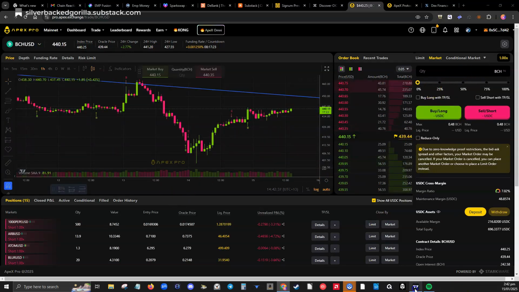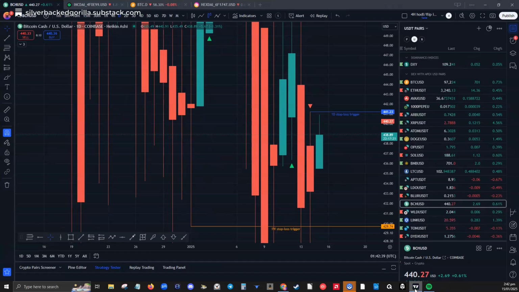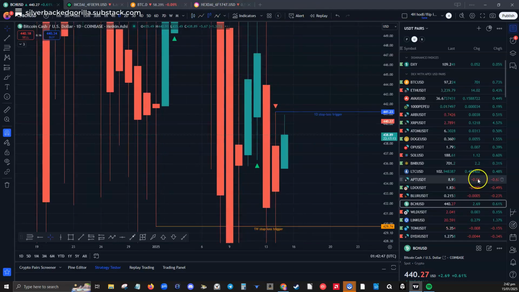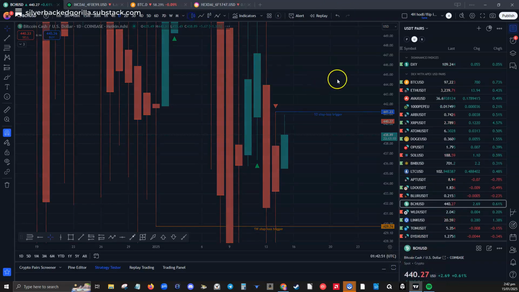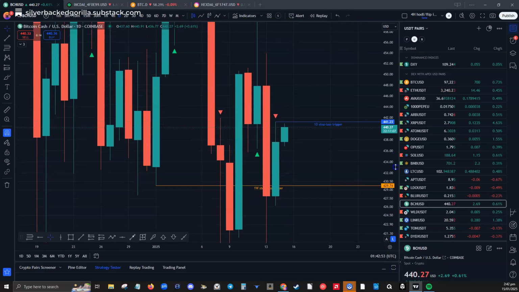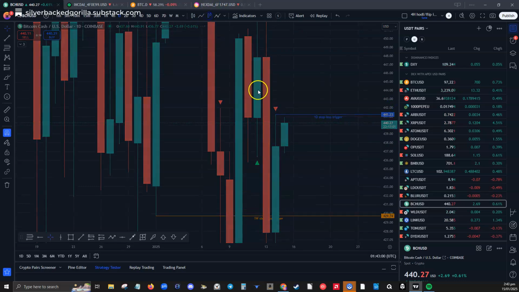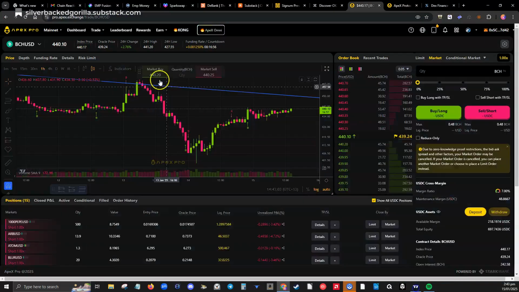Okay, and we are. Just go to normal candles for a second. Technically short, but hang on, I've got an engulfing candle there. No, I don't. The red one's still the engulfing. That's why we got it. Okay, so we're going short. Bitcoin Cash.